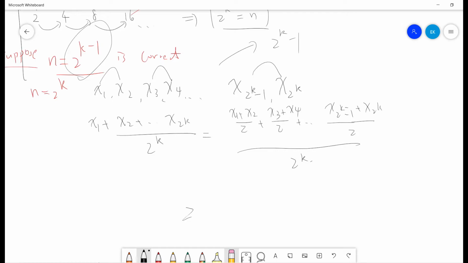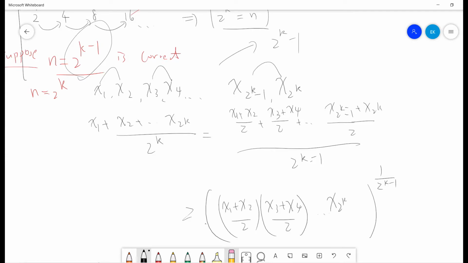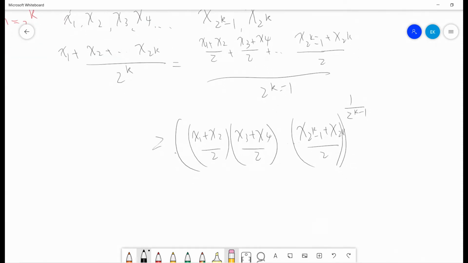this is the same as 1 over 2^(k-1), and (x1 plus x2) divided by 2, times (x3 plus x4) divided by 2, up to (x_{2^k - 1} plus x_{2^k}) divided by 2. And for this term, we can use the n equals 2 case.